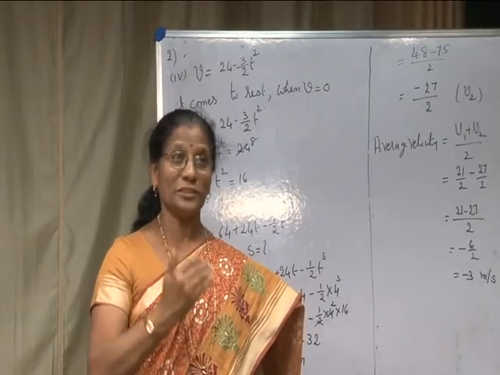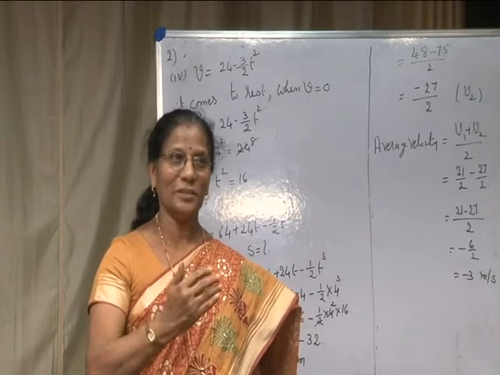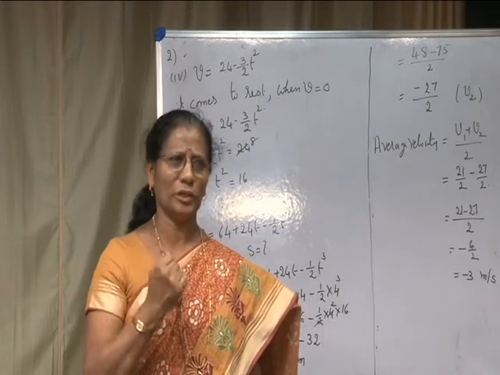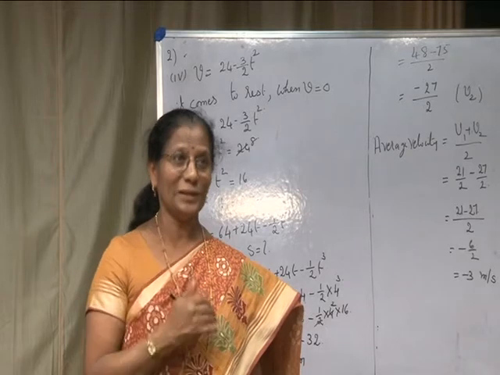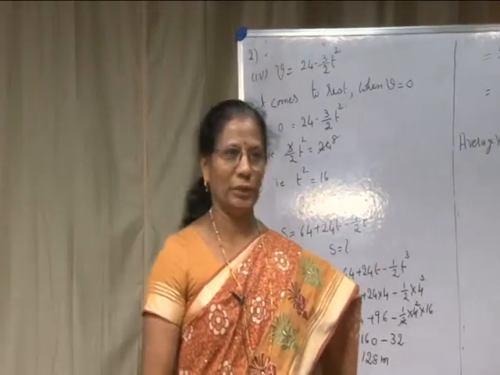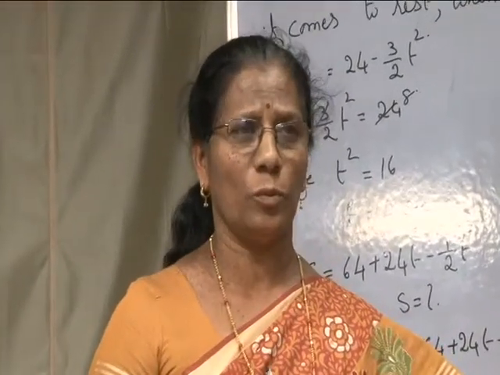So, what is the distance travelled by the particle when the velocity decreases and ultimately becomes 0? With velocity equal to 0 we can easily find the time, and in that time, the distance travelled by the particle is the last bit. Now, we will go to the next problem, which is different from these two problems.